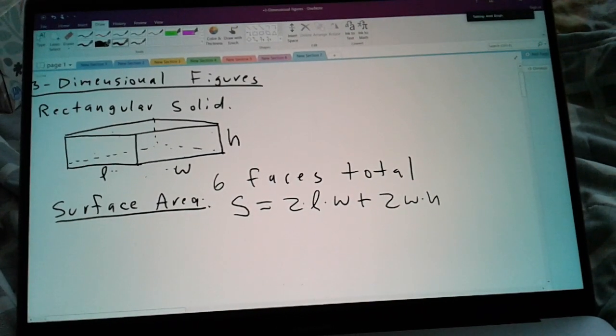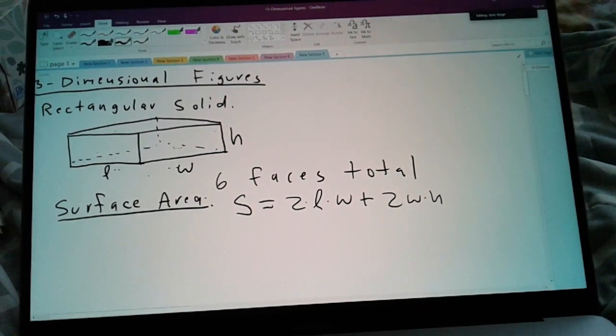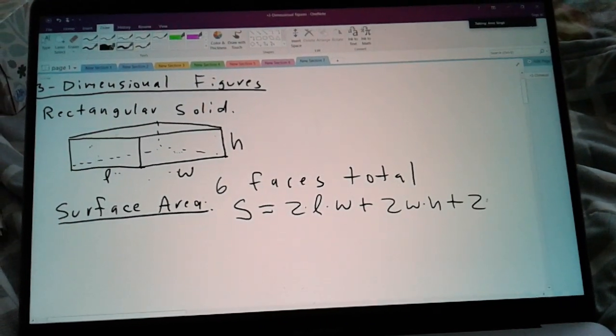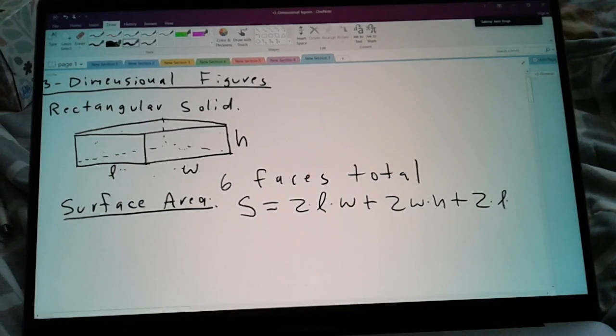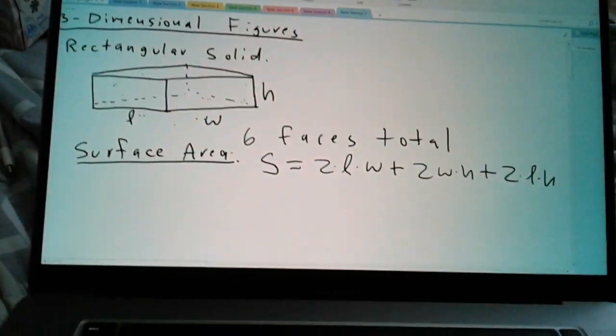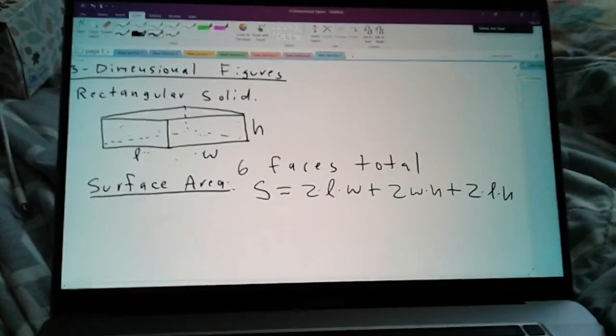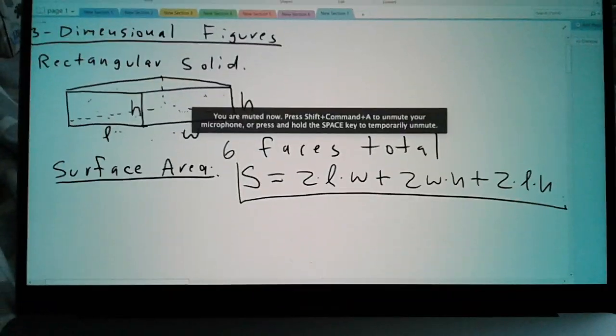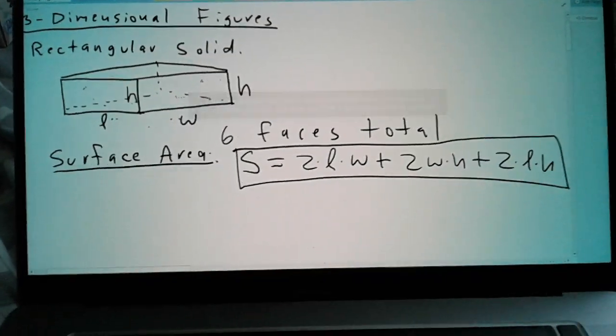The width times the height is like having a rectangle on the right side and an identical one on the left side. And then also we have 2 times L times H. So with LH, I have H on this side as well, so I have one in the front and one on the back. This will give you the surface area for this figure.